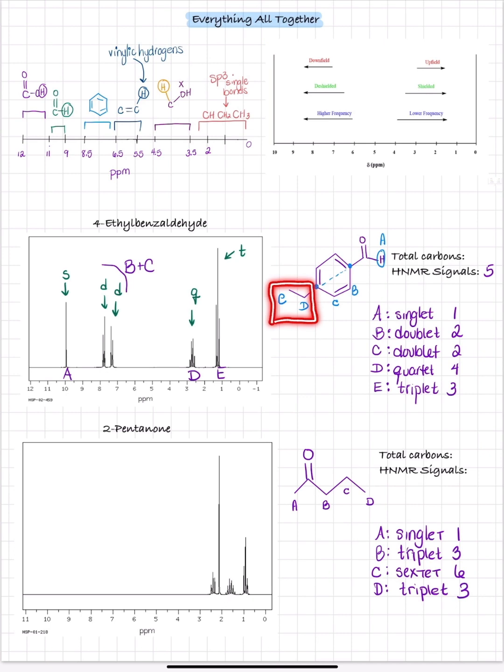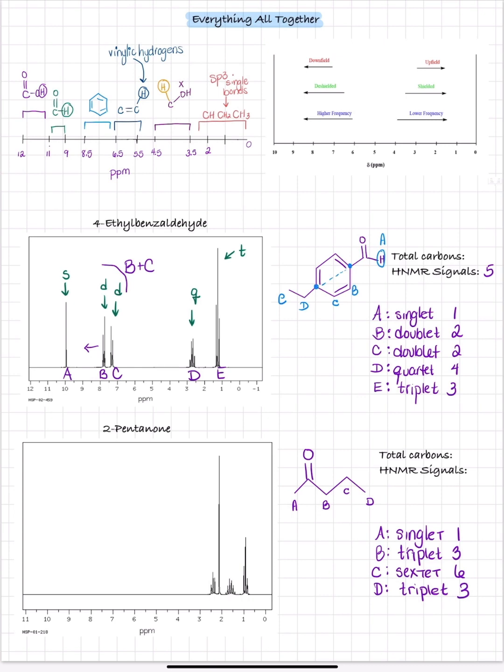C is connected to the alkyl chain, versus B is on the side more with the carbonyl. So the carbonyl is stronger, so I'm actually going to expect B to be more downfield because it's more related to the carbonyl, and C more upfield. That's what we were fighting to accomplish.